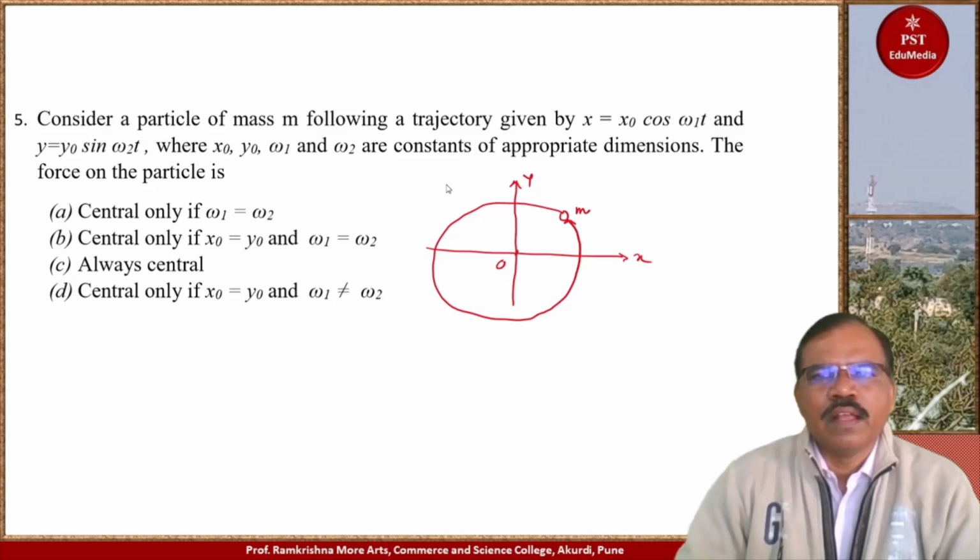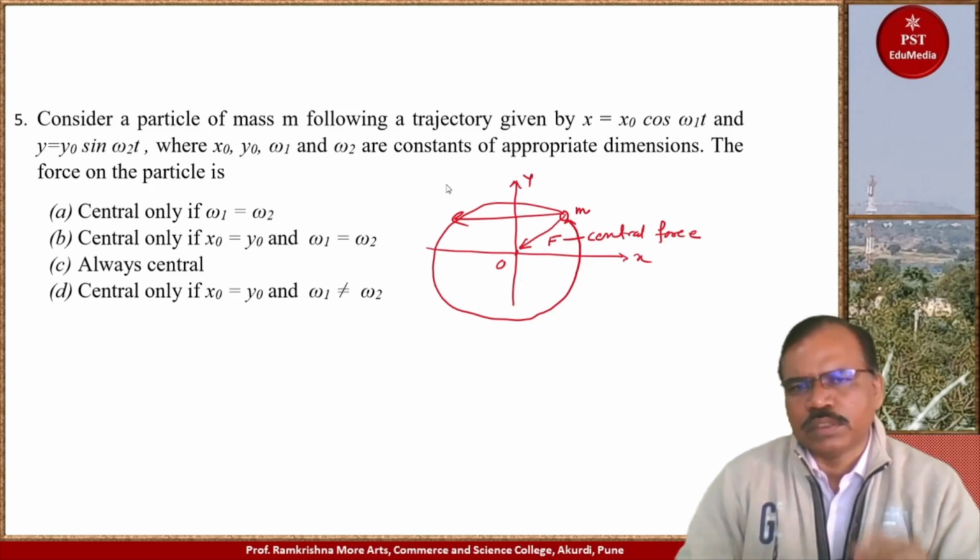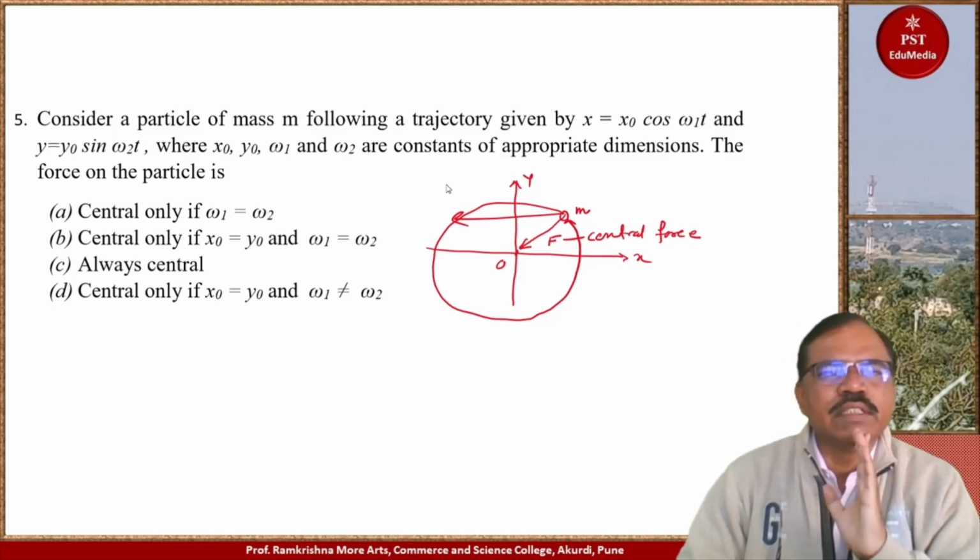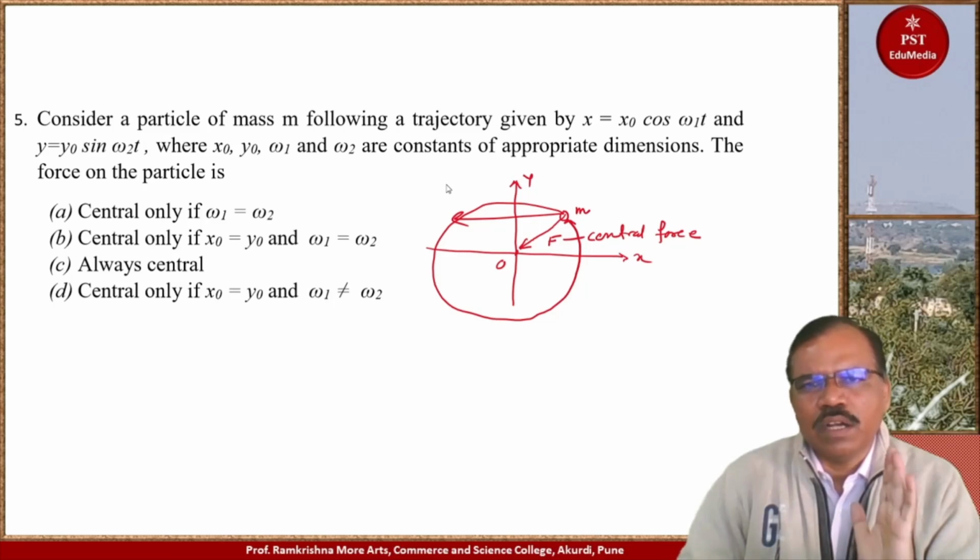Now a force is acting on this mass, and suppose that force is directed towards the center, then that force is called a central force. If it is directed like this, it is not a central force. It must be directed towards the center.